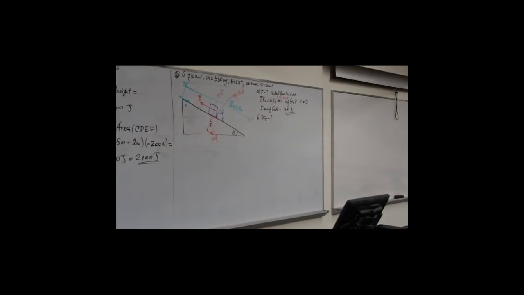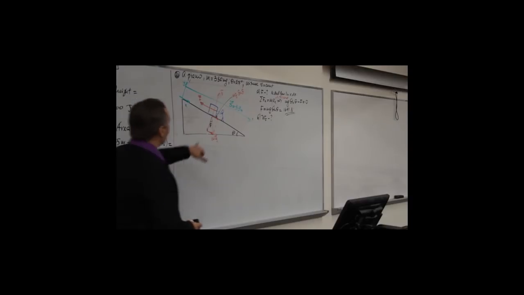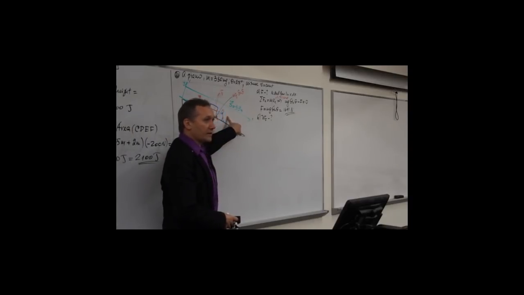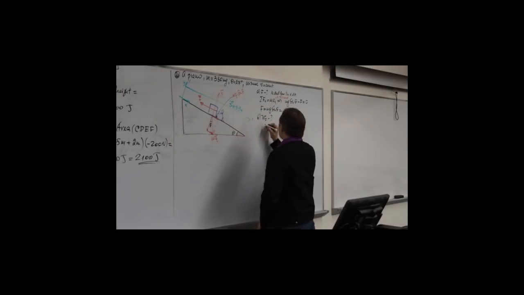What can be used? Can we use this formula? Yeah, because the force is constant. If the force is constant, we can take a dot product between the force and the displacement, right? And the force this guy applies is a constant force, so yes, we can use it.